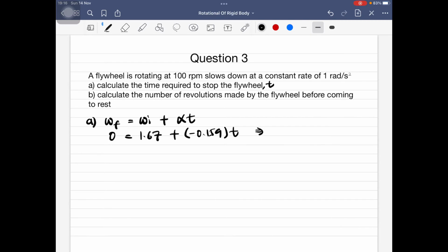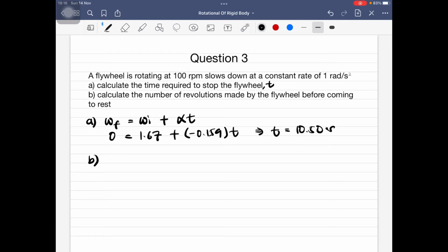From there we can calculate t is equal to 10.50 seconds. So that is the amount of time taken for the flywheel to stop, from 1.67 revolution per second to 0 revolution per second.